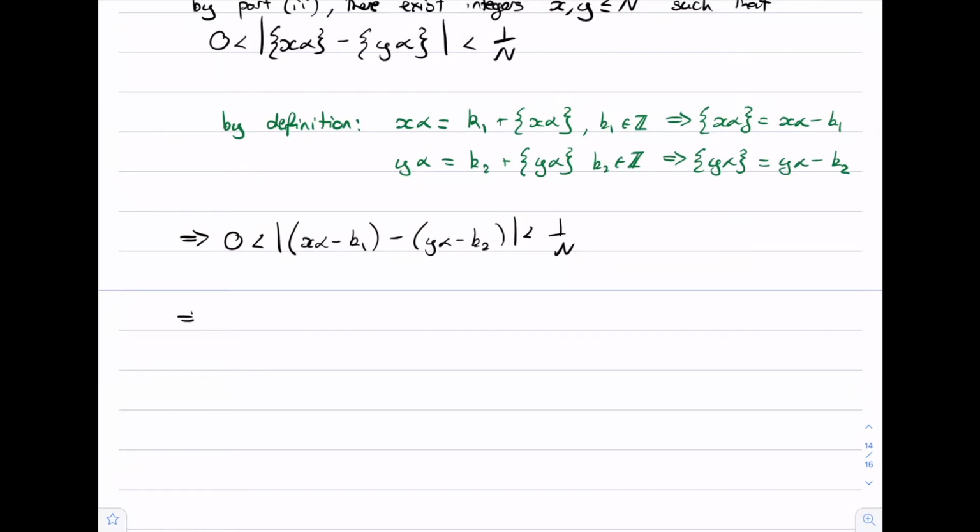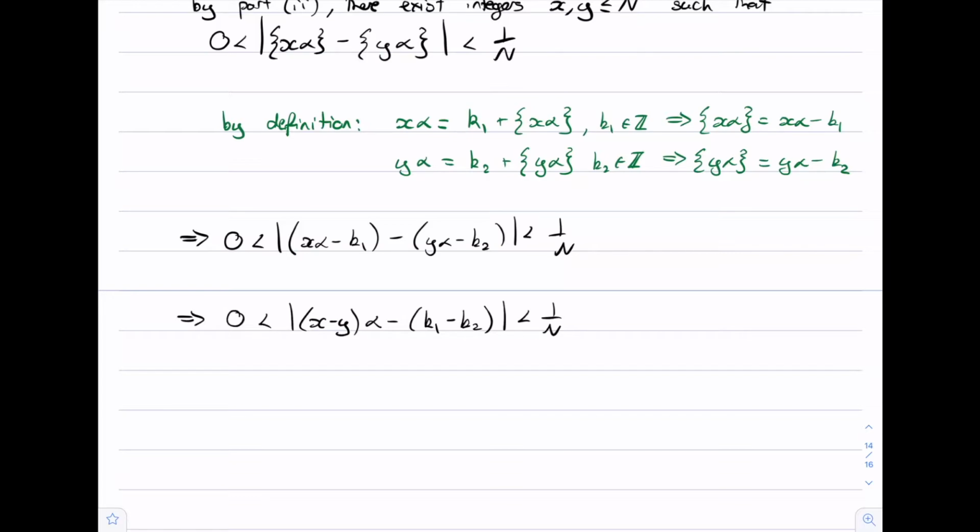Now I'm going to collect like terms. I'm going to expand out this negative, and then collect terms that have an alpha and terms that don't have an alpha. So what I get is 0 is less than x minus y alpha minus k1 minus k2, which is less than 1 on n. You should convince yourself that that's true.